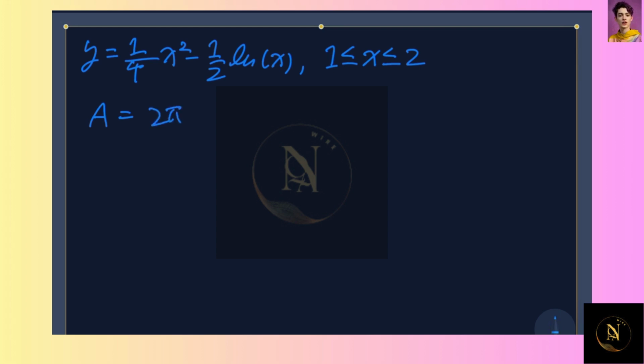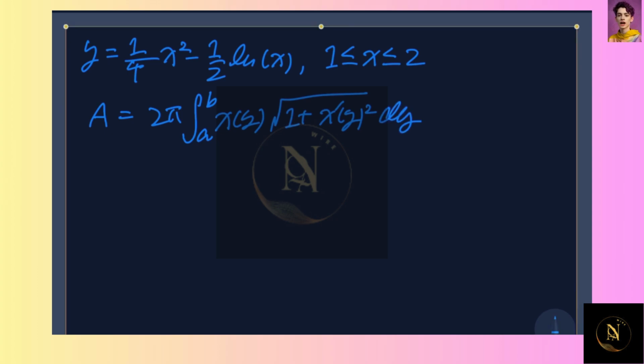and the formula is given by 2 pi times the integral from a to b of x of y times the square root of 1 plus x prime of y squared, with respect to y.